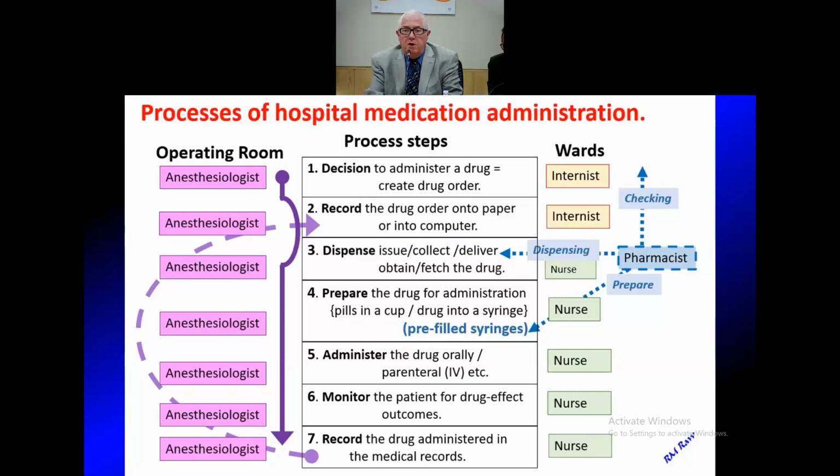First of all, you have an internist or a physician who will decide to prescribe, make a paper record. Then the pharmacist will read that prescription and check it, and then dispense the medicines. Invariably, a nurse will administer it and recheck the prescription and finally administer it.